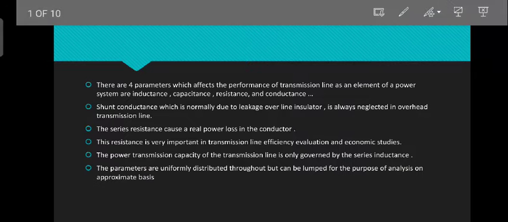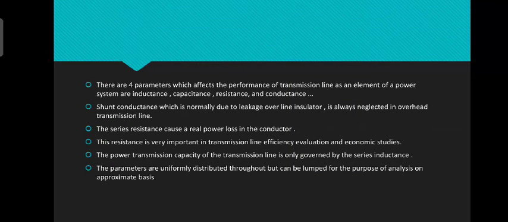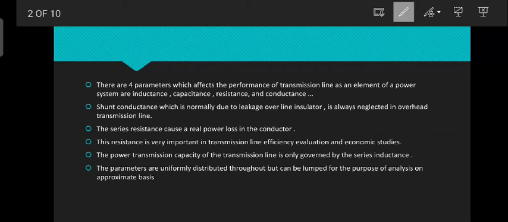So there are four parameters in our transmission network which affect the performance of the transmission line as an element of the power system. Those are inductance, capacitance, resistance, and conductance.